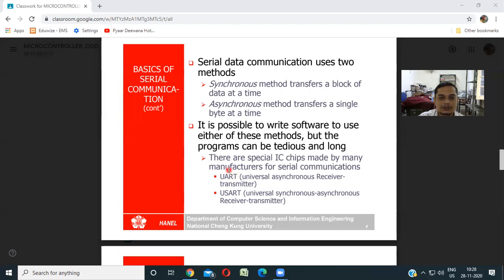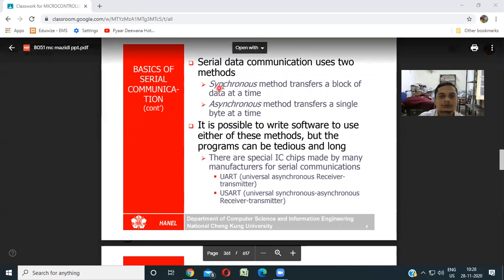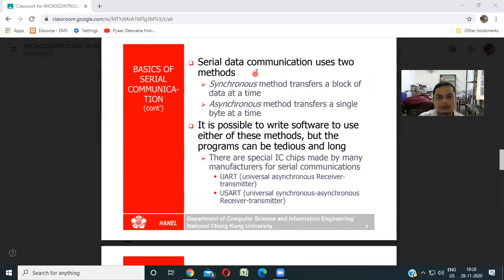This dedicated integrated circuit is used to implement asynchronous data communication.